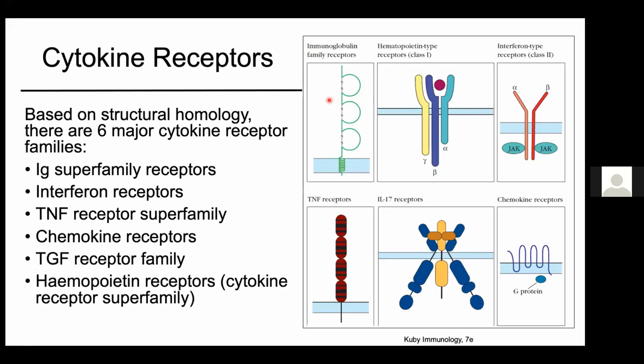So you have your immunoglobulin family receptor, your hemopoietin receptors, or cytokine receptor superfamily, where you have an alpha, beta, and a gamma chain. You have the interferon type of receptors, which usually would have your JAK signaling molecules there. You have the tumor necrosis factor receptors, interleukin 17 receptors, and chemokine receptors.